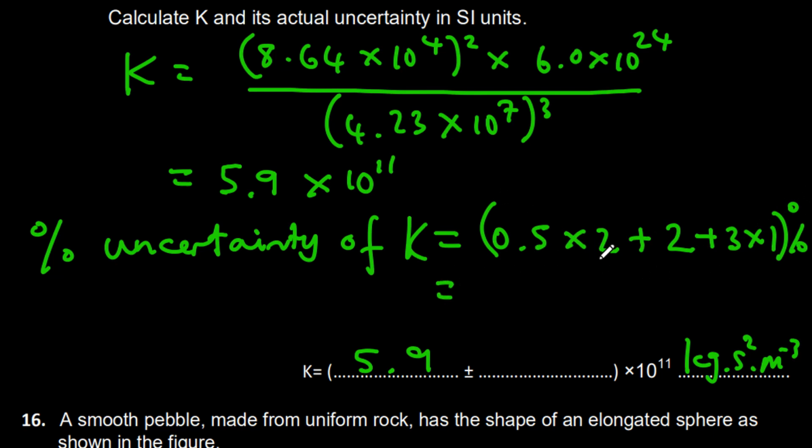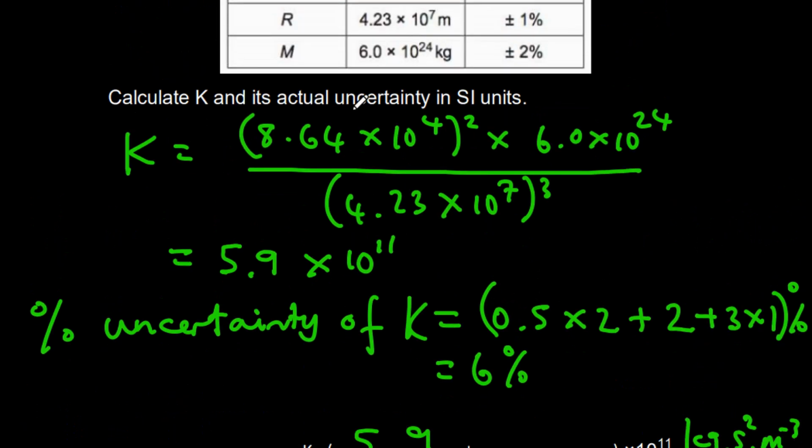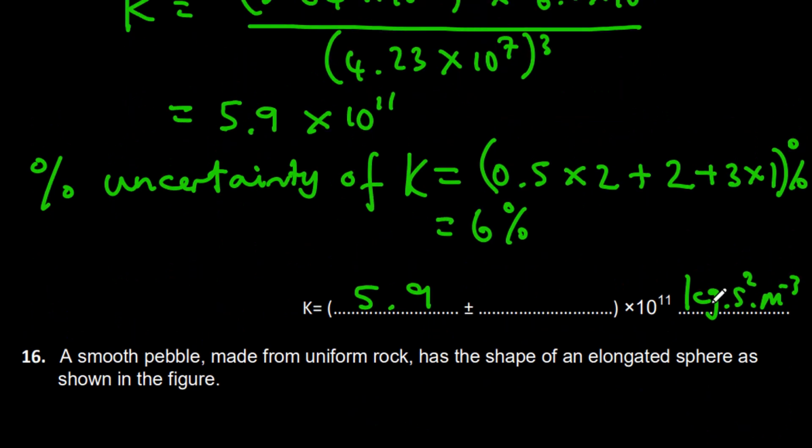So this is going to be 1 plus 2 is 3, plus 3 is 6. So 6%. We want the actual uncertainty or absolute uncertainty of K. So all we do now is we apply the 6% to the value we got for K.